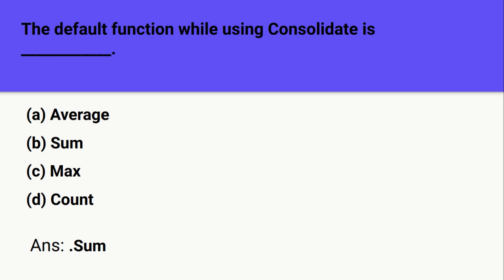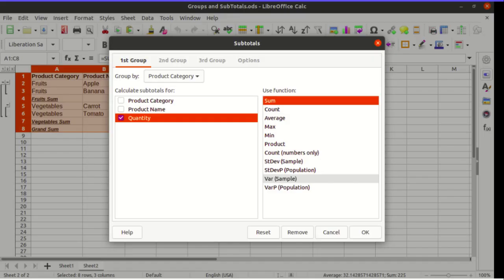By default, we can see sum. So the answer is sum. See here, this is default sum. All these are the functions, but we can see the default as sum.